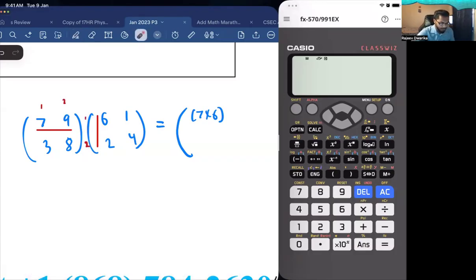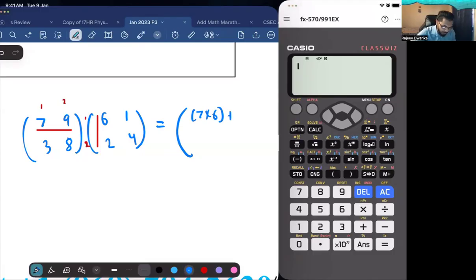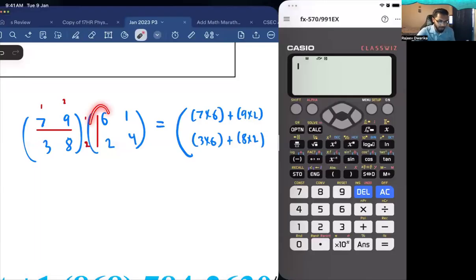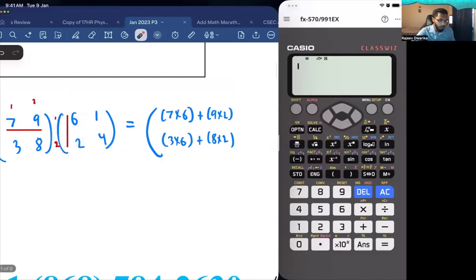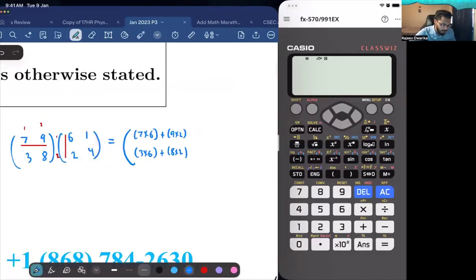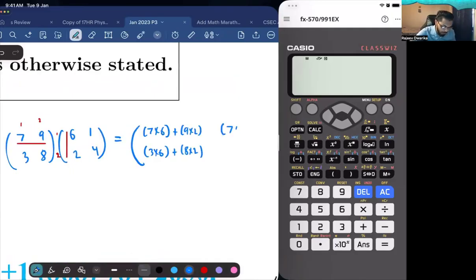So we're going to say 7 by 6 plus 9 by 2. Then we move on to the next row, which is 3 and 8. So 3 by 6 plus 8 by 2. Now I'm going to move on to the next column. Same procedure: 7 by 1 plus 9 by 4, then 3 by 1 plus 8 by 4.